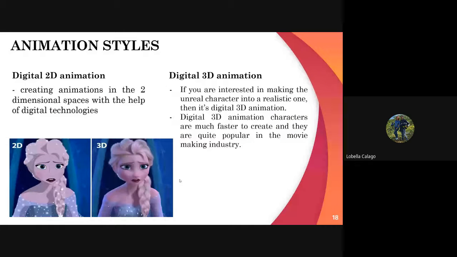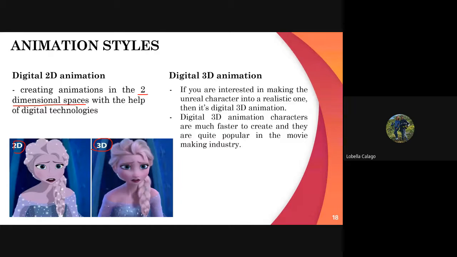So, we have the digital 2D and the digital 3D. Ito yung 2D. So, as you can see, yung 3D ay mas maganda na po ang kanyang graphics. Okay? Yan po ang difference ni 2D and the 3D. It's because 2D literally uses two-dimensional space while 3D uses three-dimensional space.